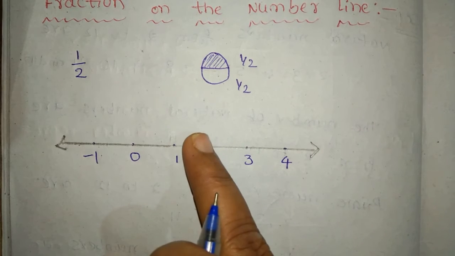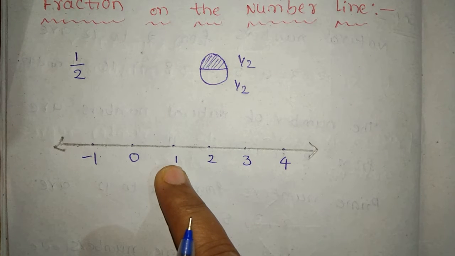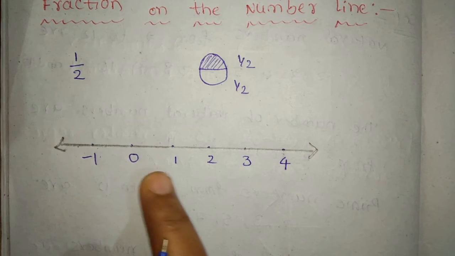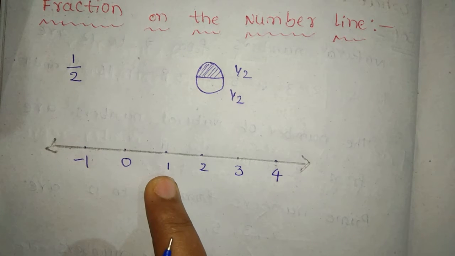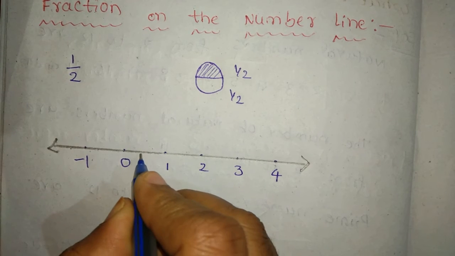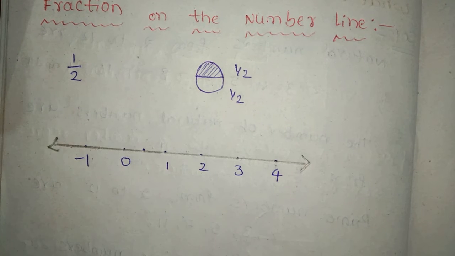Here 1 by 2 lies between 0 and 1 because it is greater than 0 and also less than 1. So we put the midpoint between 0 and 1.